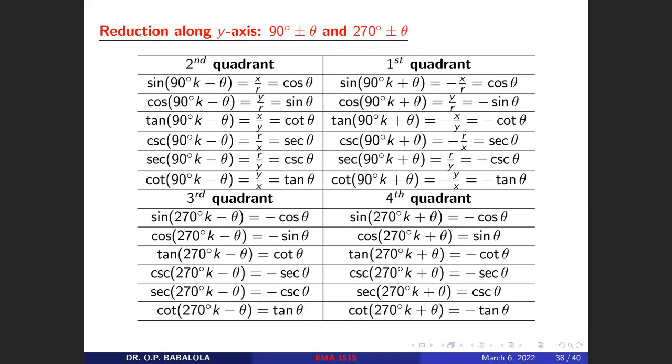You see, sine of 90k minus theta is equal to cos theta. Yes, okay. That's it. Your example is just the first one, in the second quadrant.